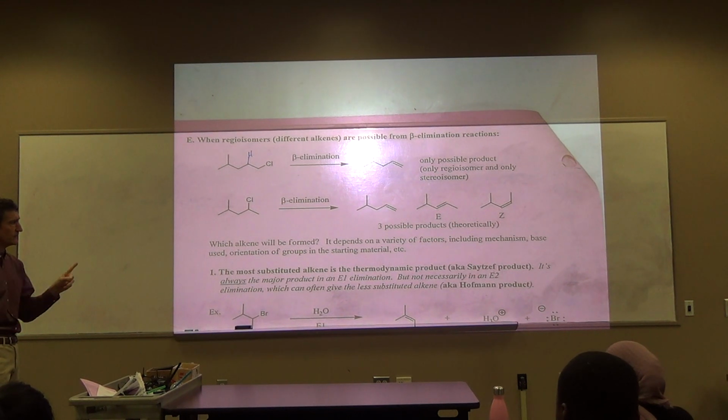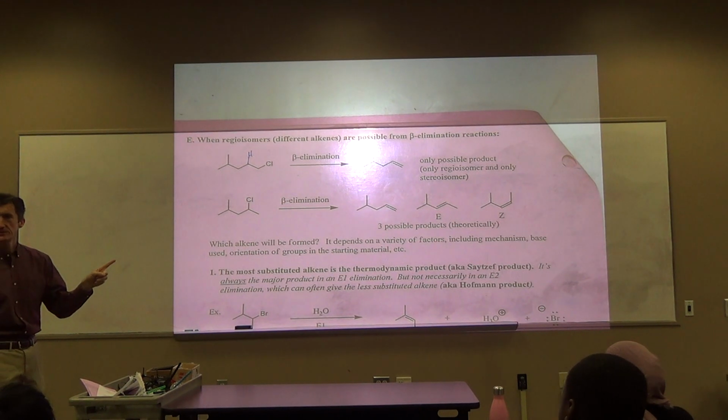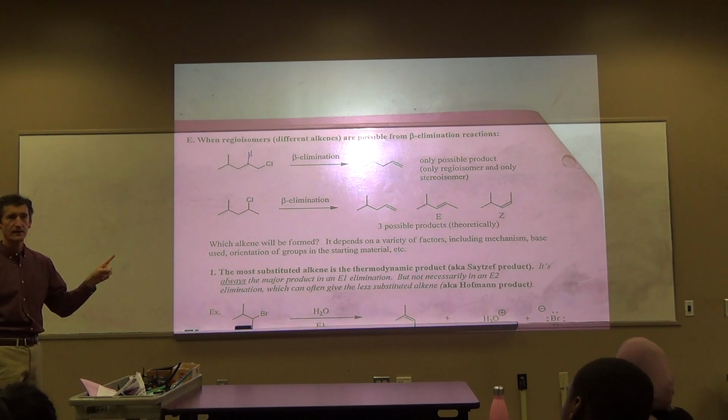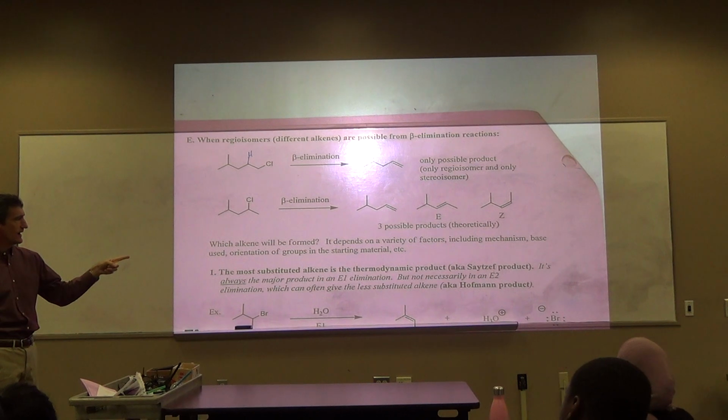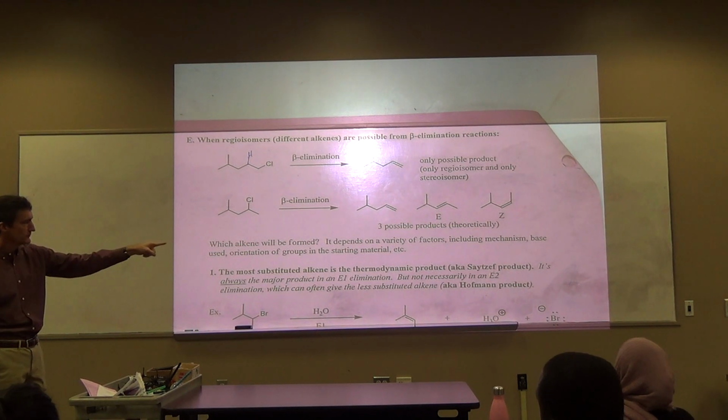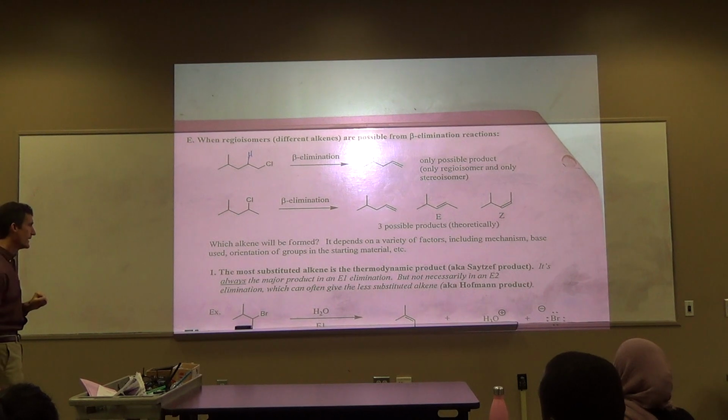Now, nobody knows how to spell Zaitsev. Some books spell it with a Z. Is it Russian? I think Russian probably. I spell it with an S. Some people put no Z, some people put one Z. It's always the major product in an E1.